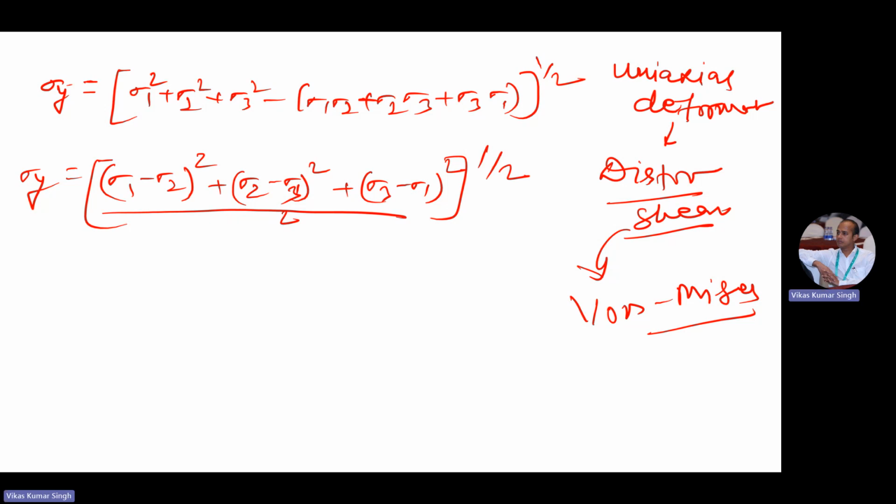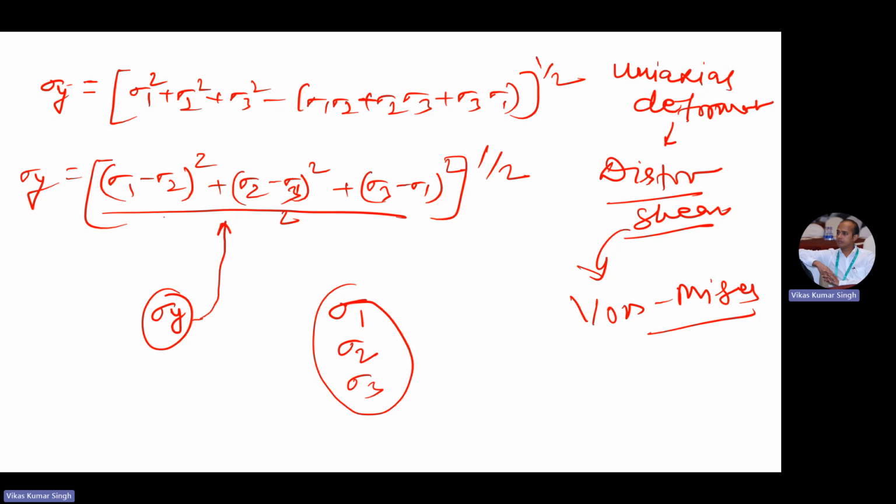Von Mises says that if the principal stresses in the material are sigma 1, sigma 2 and sigma 3, and in uniaxial tension your yield point is sigma y, then if sigma y is equal to or less than this value, your material is going to fail. This was the theory of failure given by von Mises. If sigma y is greater than this value, the material will not fail.